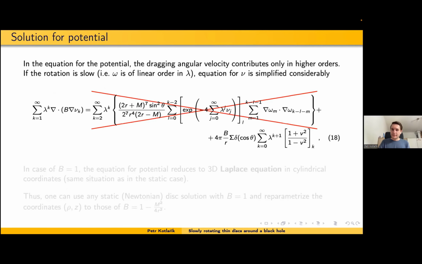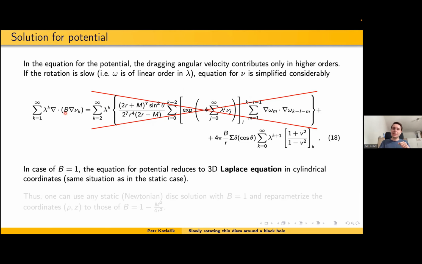So let's first take a look at the potential. If you take a look at the equation for the potential, then you may notice that the dragging comes in higher orders, higher than second order. Therefore, if we assume that the rotation is slow, then we can rule out these terms.